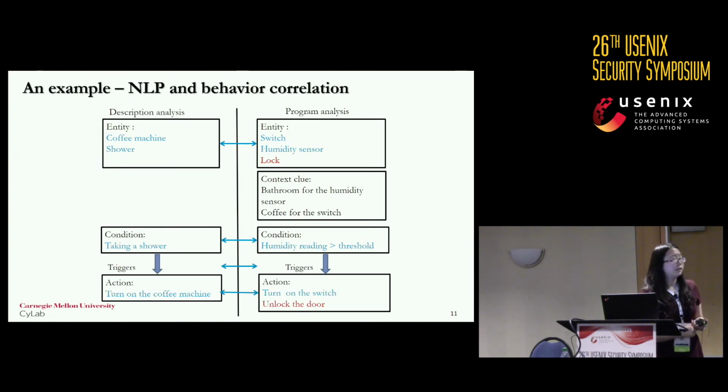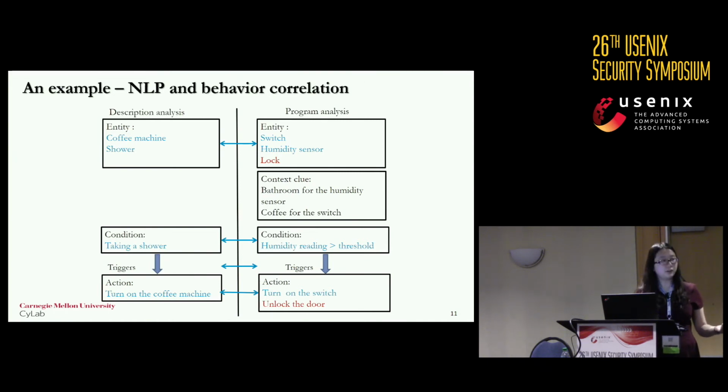We found that through the description analysis, the action is to turn on the coffee machine. But through the program analysis, we found that the action will be not just to turn on the switch for the coffee machine, but also to unlock the door. So at this point, it's very clear that unlocking the door is the unexpected behavior. There's no sense that an app that produces coffee after taking a shower should also unlock the door at the same moment, right?